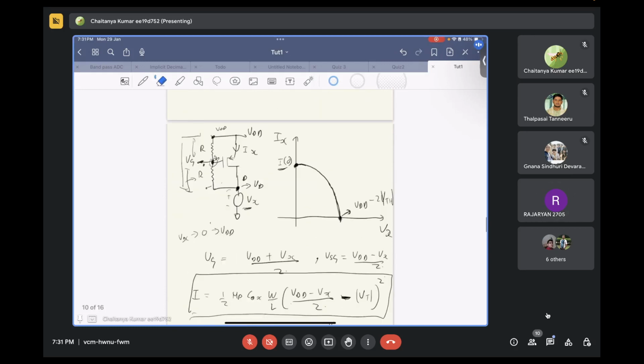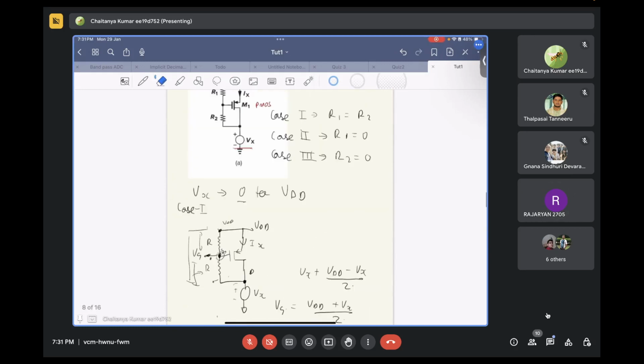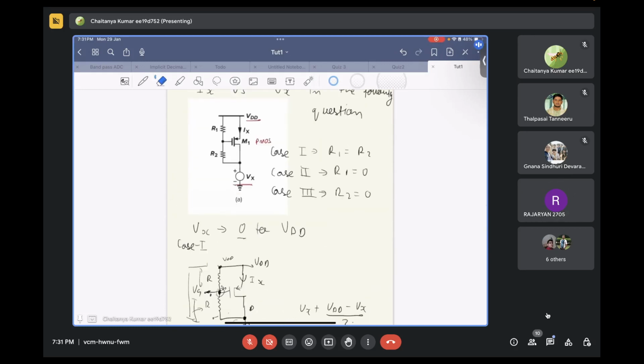So case 2 is R1 equal to 0. In this case, what will be the current? Can you guys quickly tell?